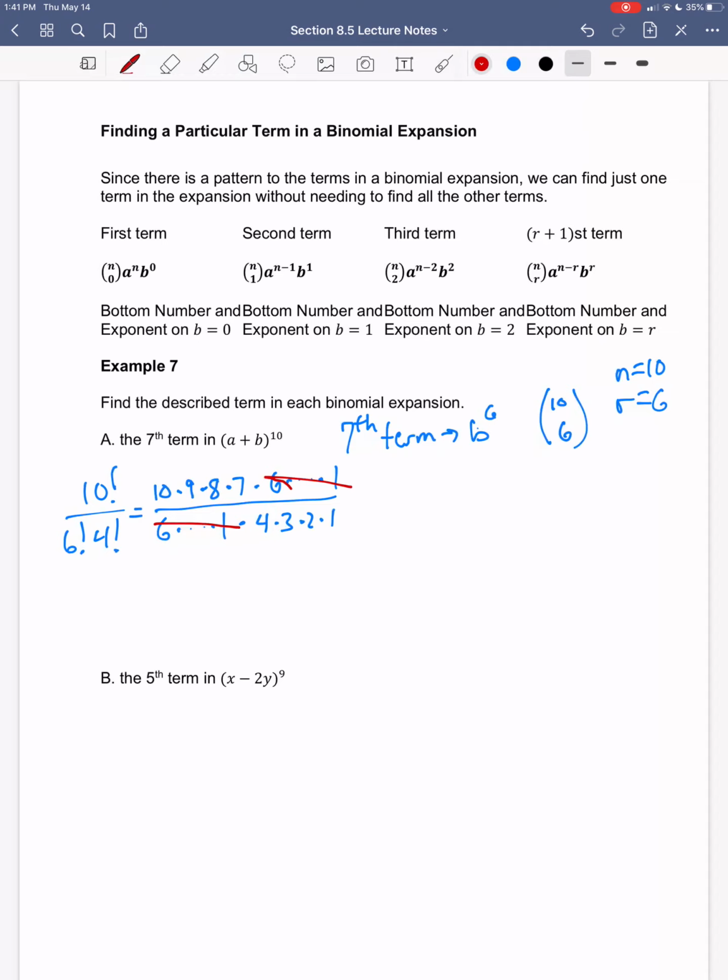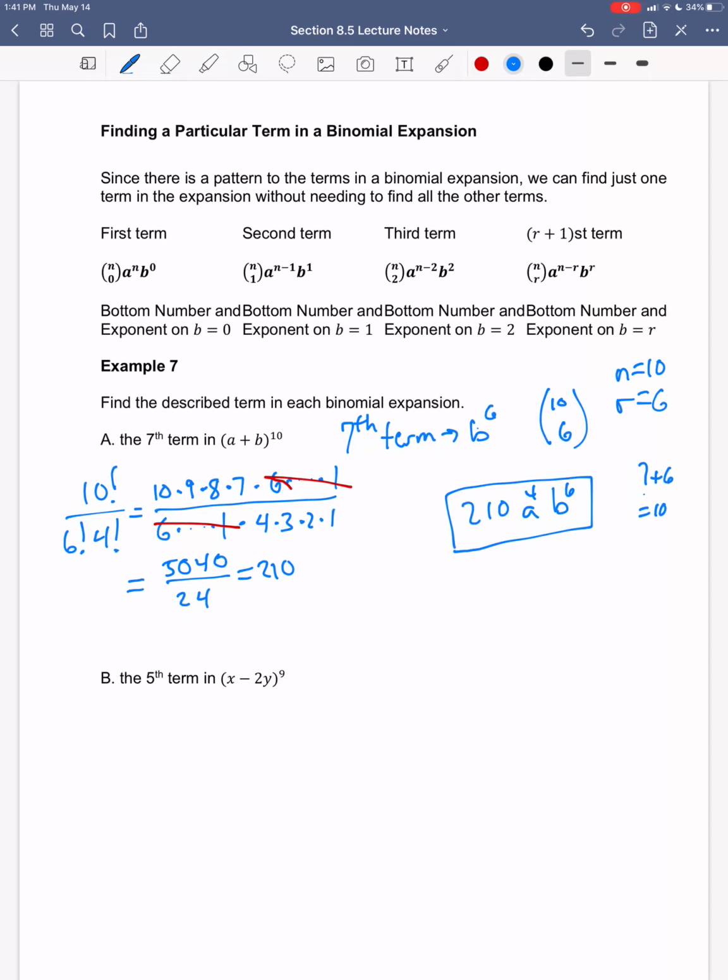That gives me 5,040 in the top. I've got 24 in the bottom, 4 times 3 times 2 times 1. When I divide that, I get 210. So that's my coefficient. So 210, a to a power b to the 6th, but they have to add up to 10. So I have to say, what plus 6 is 10? It must be 4. So this would be the term that I would want.